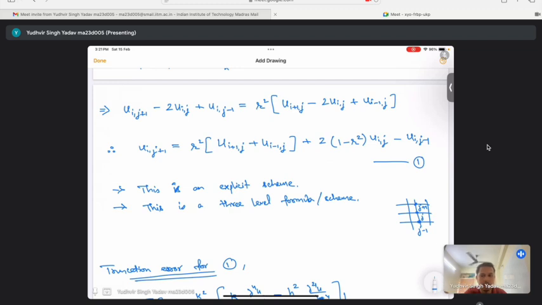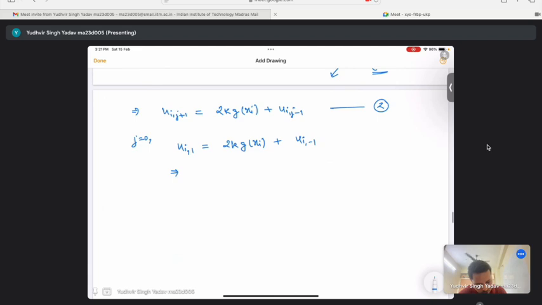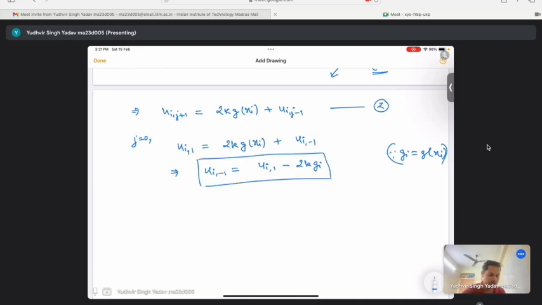Since we have considered t is always greater than or equal to 0, in order to obtain that value, we will be using the derivative initial condition. So from here, you can obtain u i,minus 1 equals u i,1 minus twice of k g i, where g i is nothing but g of xi. So this will be the benefit of this initial condition, that in case of a negative time step, we can simply find the values using scheme 2.